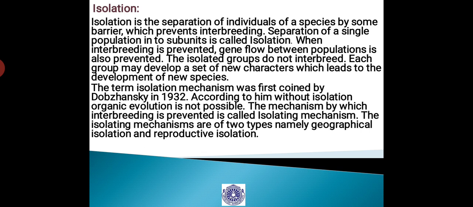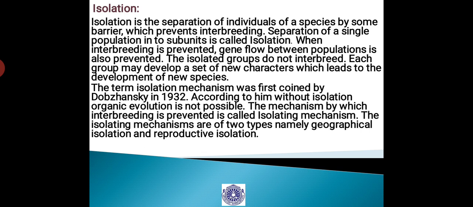Coming to isolation. Isolation is the separation of individuals of a species by some barrier which prevents interbreeding. So if interbreeding is prevented, naturally there is no scope for variation, but isolation brings a significant change here.